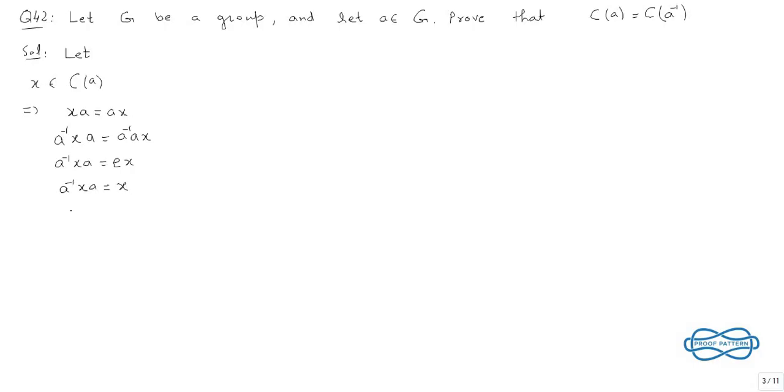Now we post multiply with a inverse, and this will again give the identity, and we have a inverse x is equal to x a inverse. This shows that x also commutes with a inverse. This means x belongs to the centralizer of a inverse.